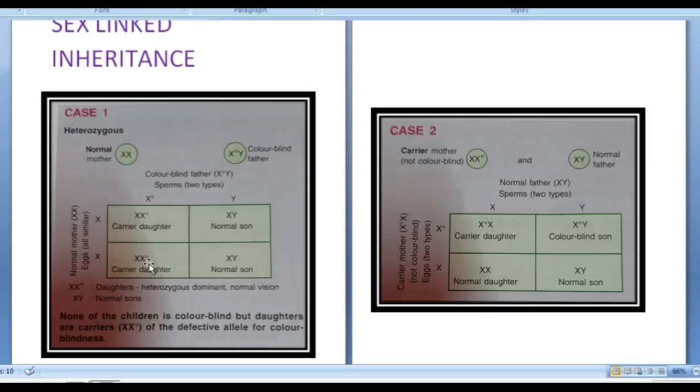So both the daughters, although they will be normal, will be carriers. Daughters are heterozygous dominant and they will have normal vision, but they will be carriers of the disease. None of the children will be colorblind, but daughters will be having the defective allele for color blindness.